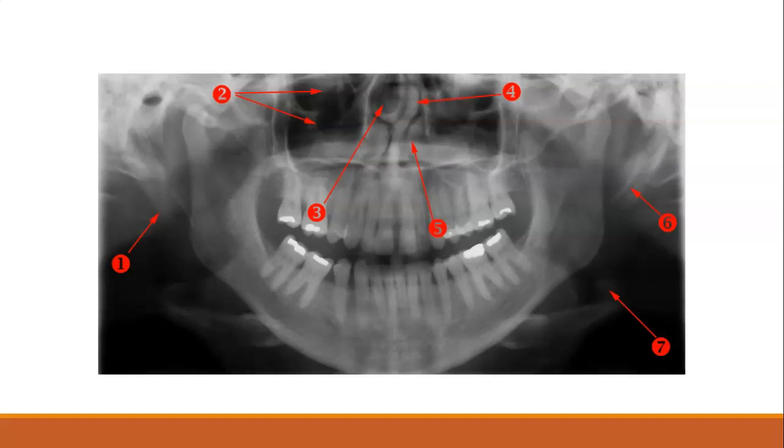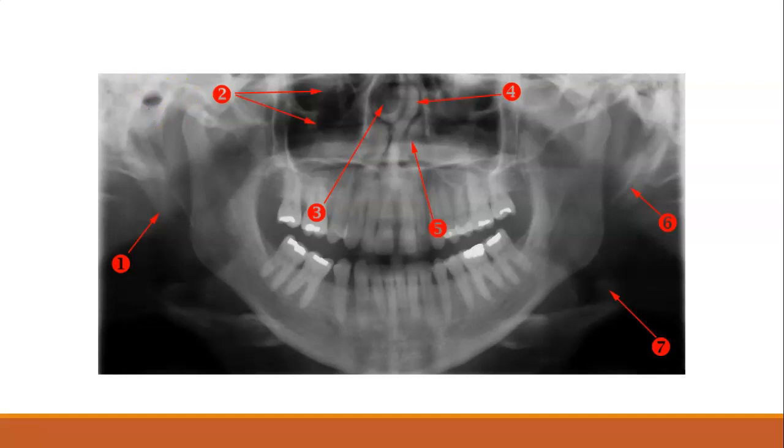So there are just some interesting things, and you can also note this is a very deep smile. The patient has their chin tilted down, and you can see it brings the hyoid bone up closer to the mandible. It brings the condyle and the coronoid process up. Here's a very good picture of the auditory meatus.